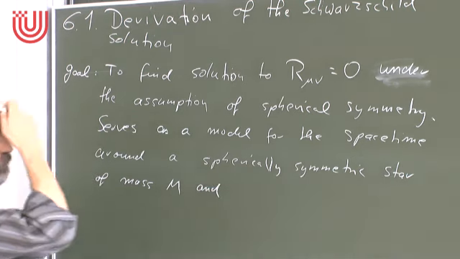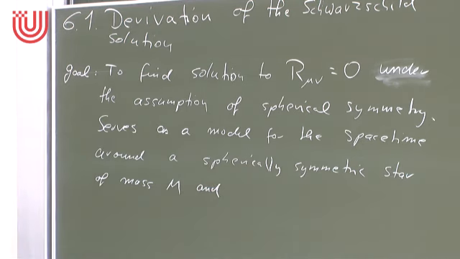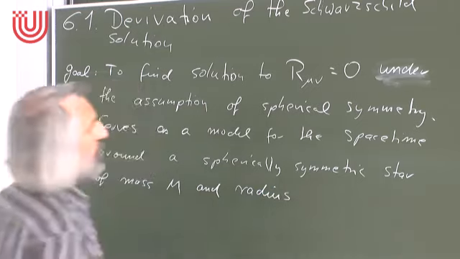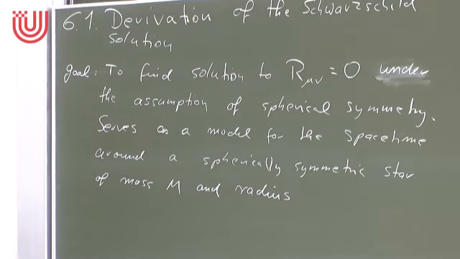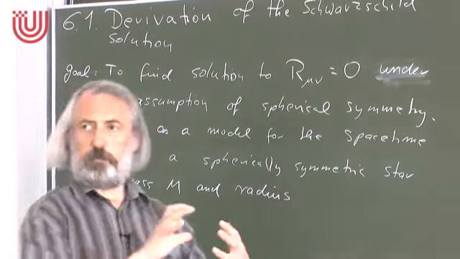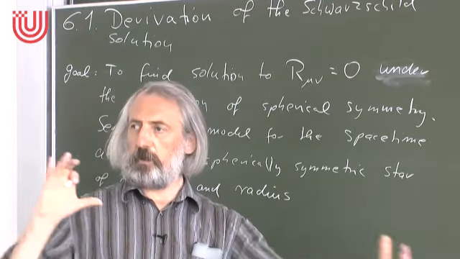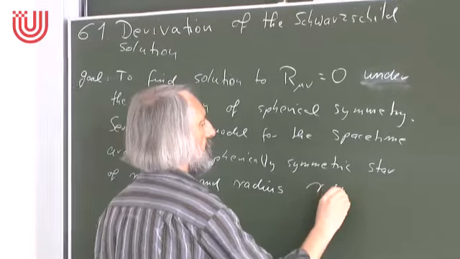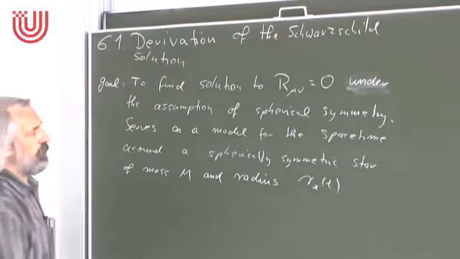This will tell us for which region the solution is actually valid. And because I want to assume only spherical symmetry, I will allow that the star pulsates. So the radius may be time dependent. Yeah? So the radius R star may be a function of t.